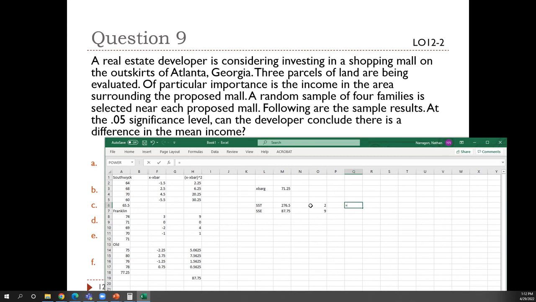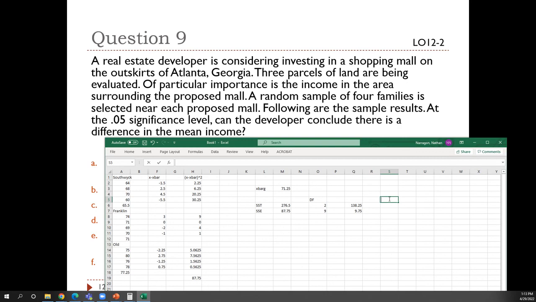So to find F, we're going to just go ahead and take these, 5 by 2, equal that divided by 9. Okay. Again, degrees of freedom. Then, finally, we take the 2.